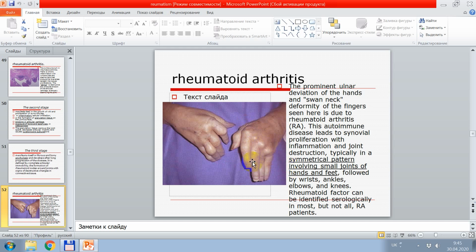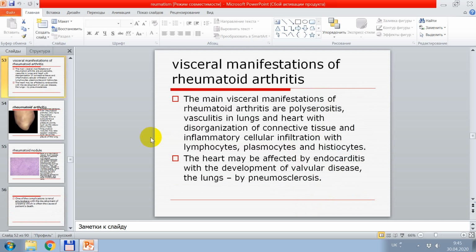Rheumatoid factor can be identified serologically in most but not all rheumatoid arthritis patients. Also, attention, you must remember, in rheumatoid arthritis there is injury of small joints, with signs of symmetric injury. In rheumatism there is injury of large joints and absent deformation.